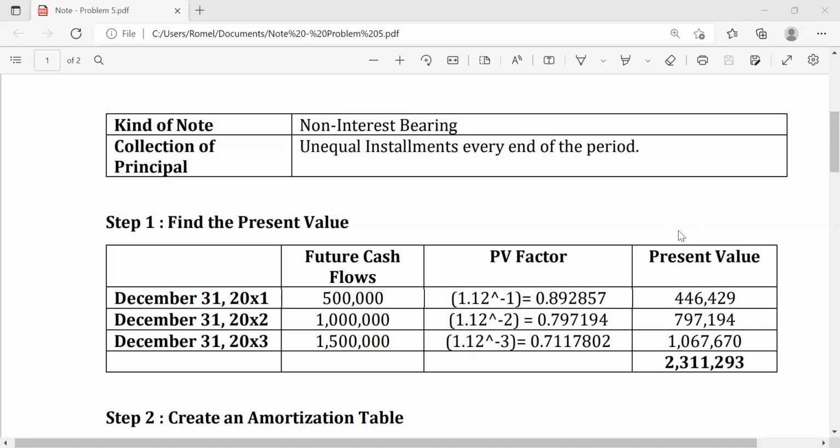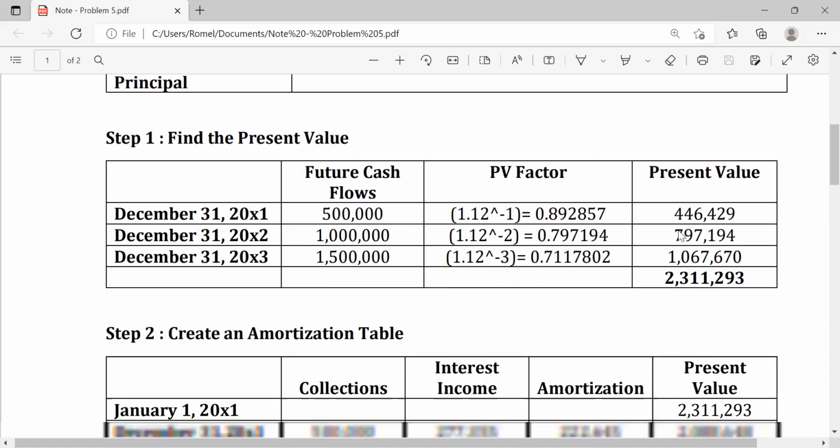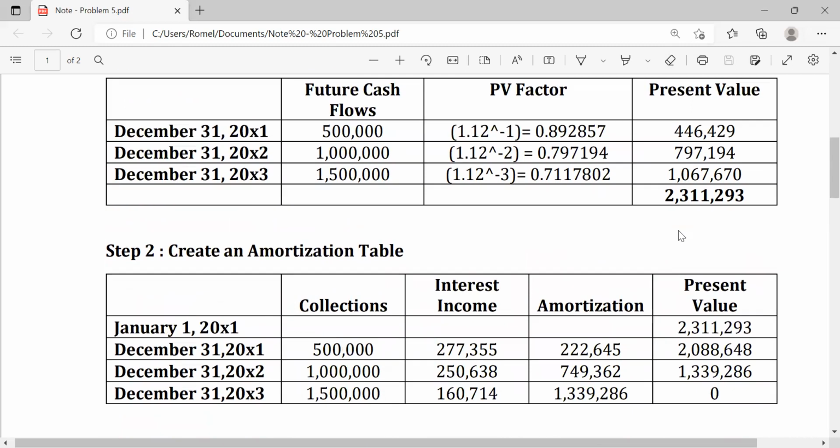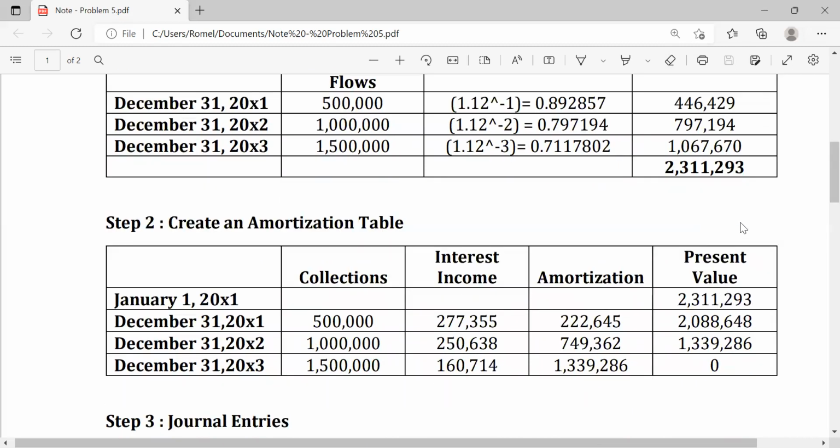And then next, we will now do an amortization table. Since this is in installments, by December 31, 20X3, the present value will become 0.